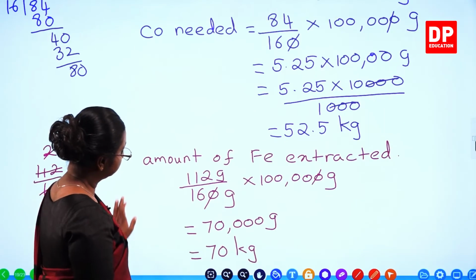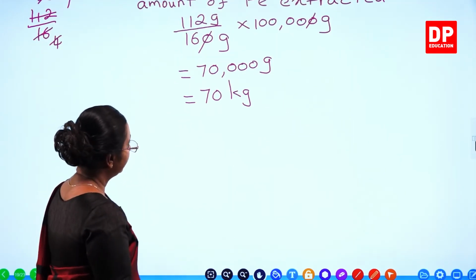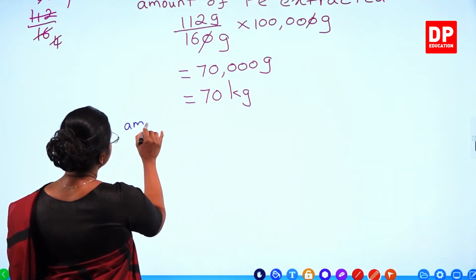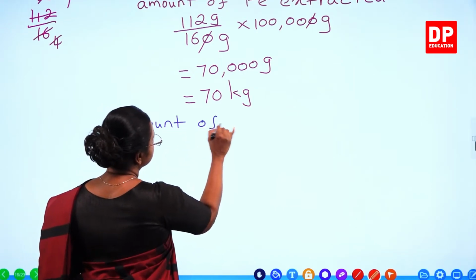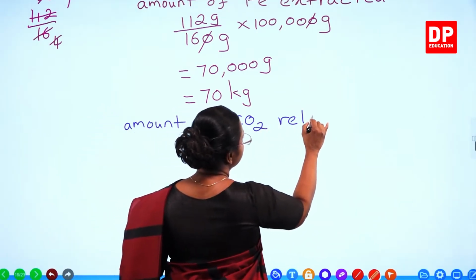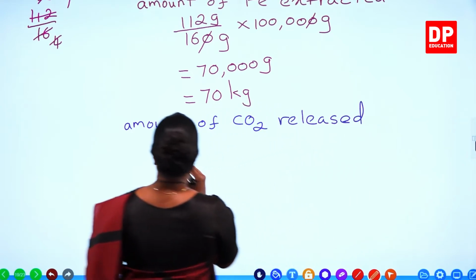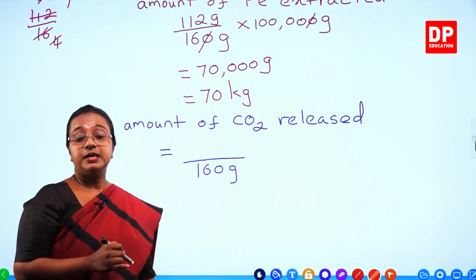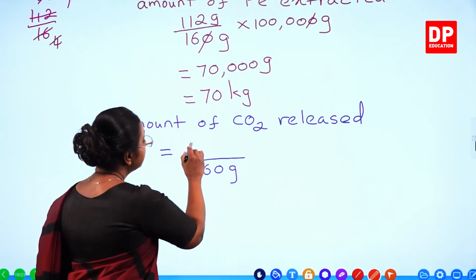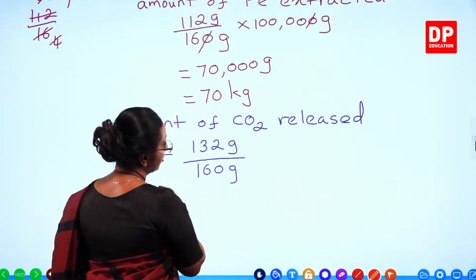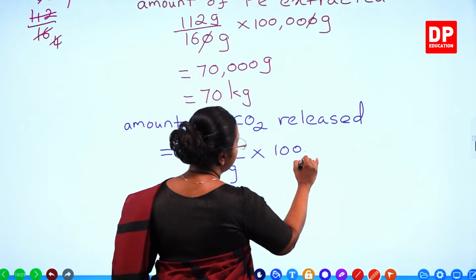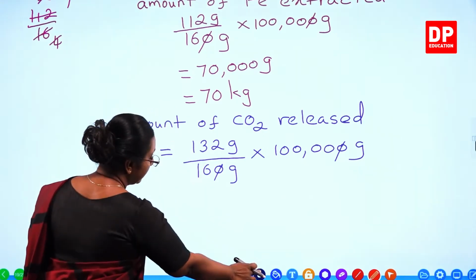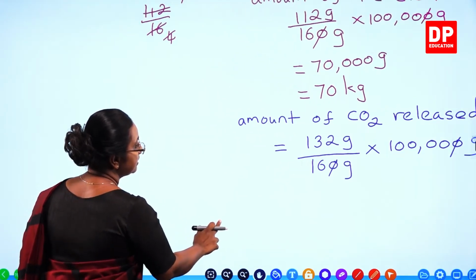So then, if we calculate the amount of carbon dioxide released, that is equal to, if you take 160 grams of hematite, there will be 132 grams of carbon dioxide released, but here we have 100,000 grams.